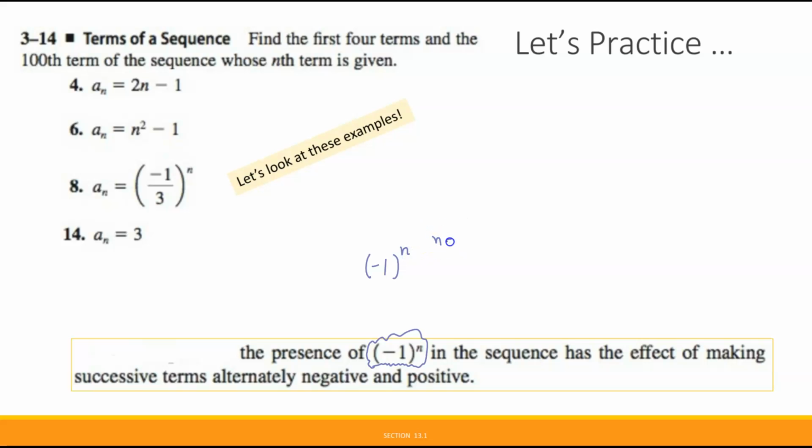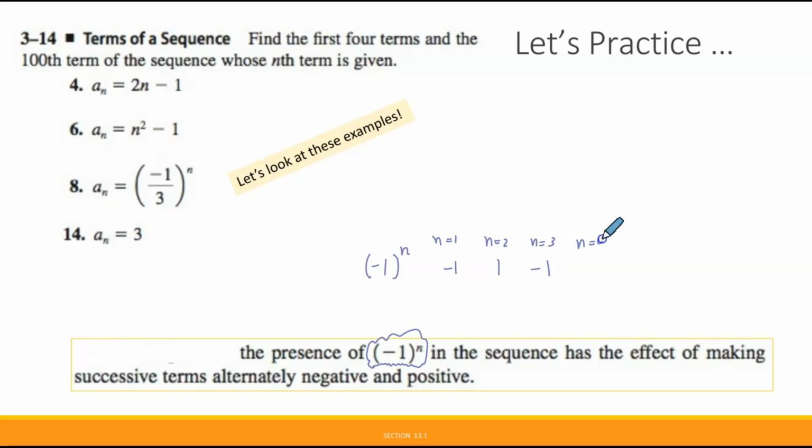So when n is equal to 1, that would be the power of 1: we'd have negative 1. When n is equal to 2, negative 1 squared is positive 1. When n is equal to 3, negative 1 to the third is going to be negative 1.